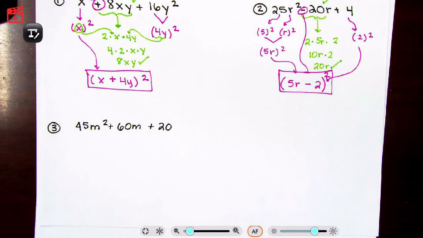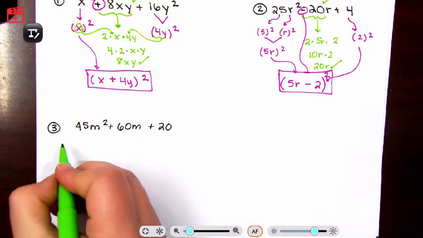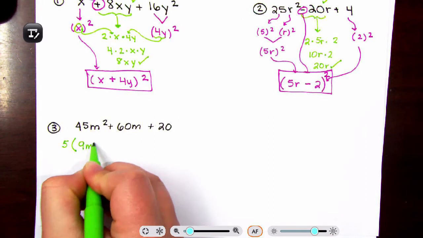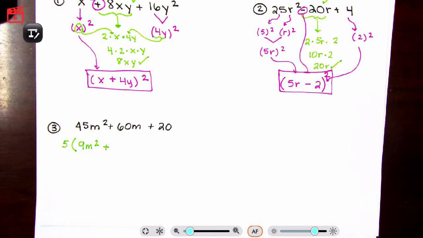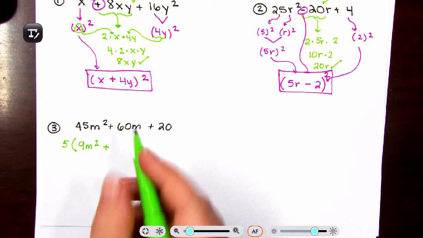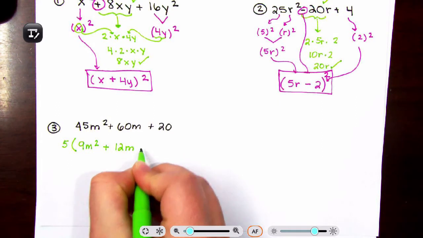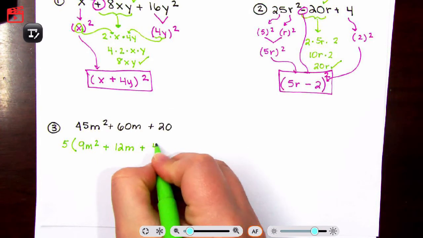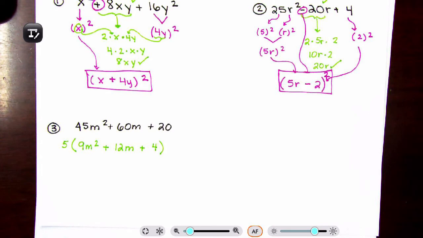If I have a 45 and I pull out a 5, I have a 9m squared left. 9 is a perfect square. 60 divided by 5 is 12m plus 20 divided by 5 is 4. So when I remove 5 as my GCF, this is my trinomial that stays behind.